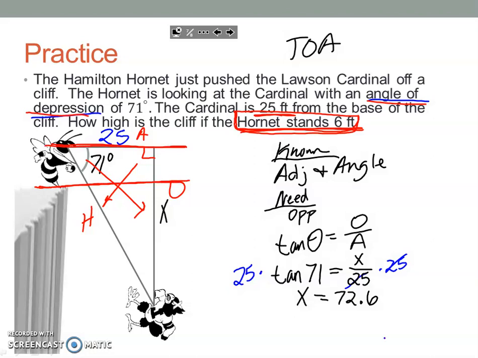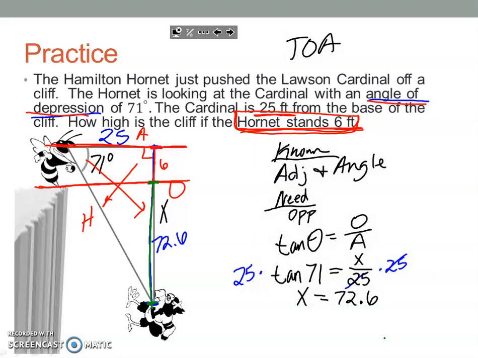Now we found that x was 72.6. So we found that this distance right here, x, was 72.6. But we know that this distance right there is 6. I'm trying to figure out the top of the cliff to the bottom of the cliff.